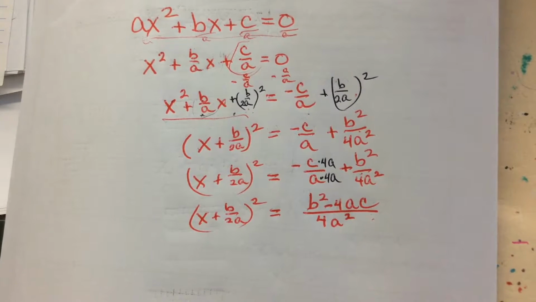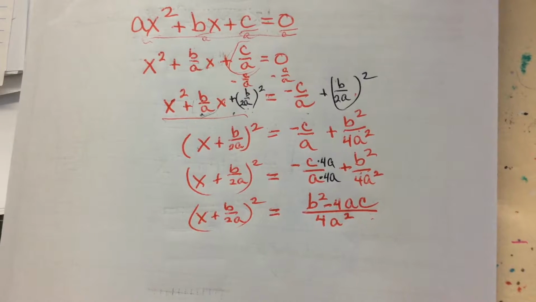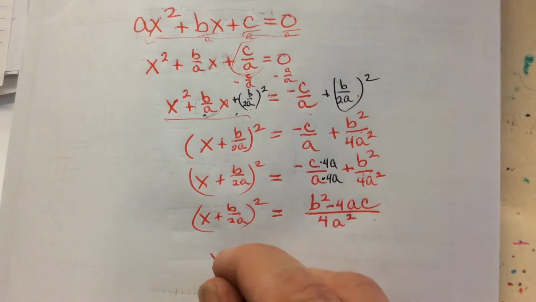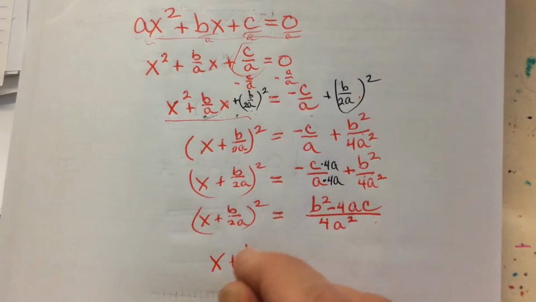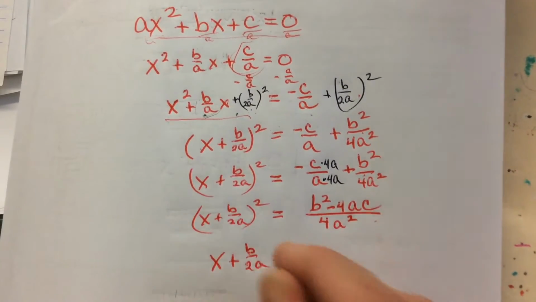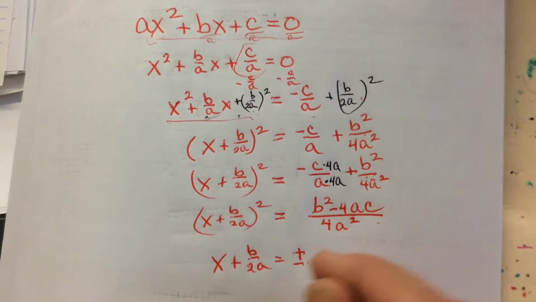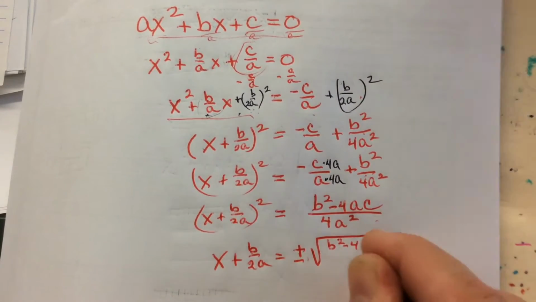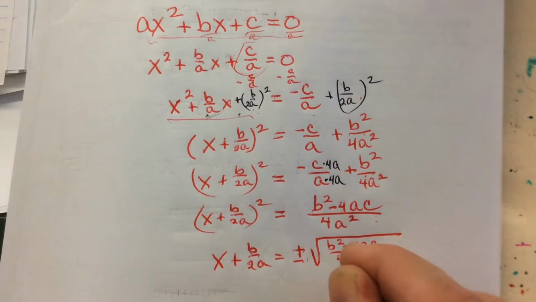Okay, one last little piece of magic here. What if we take the square root of both sides? That'll turn this into x plus b over 2a, and this into plus or minus the square root of b squared minus 4ac over 4a squared.